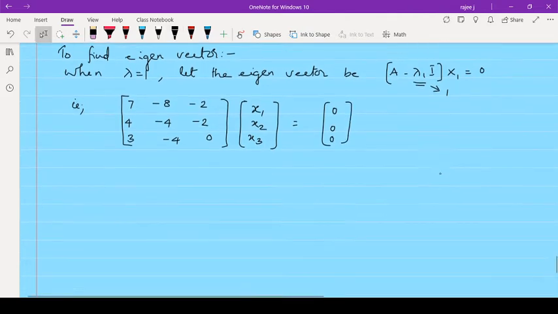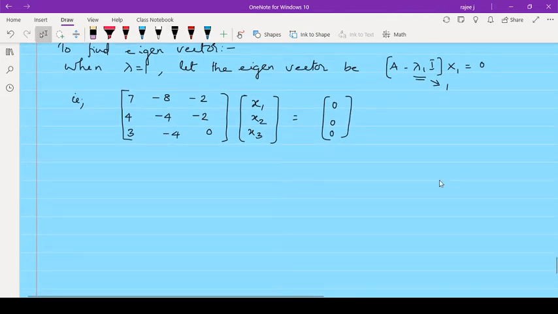This is the eigenvector we are going to get from this. To solve this, the process is, firstly, you will reduce this coefficient matrix to an echelon matrix, or echelon form. Echelon form, I hope you remember.